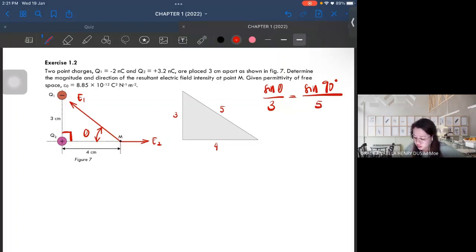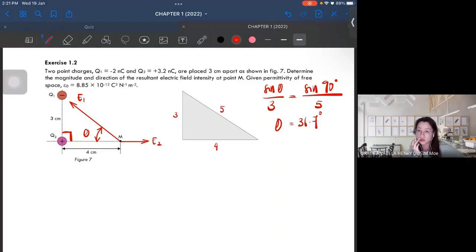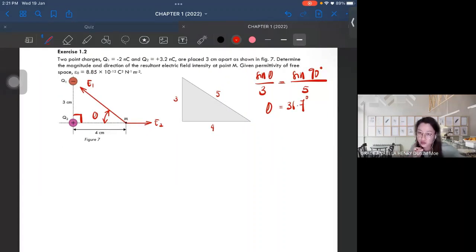Okay, so the angle is equal to 36.7 degree. Miss, if we use tangent, can we? 3 over 4. Okay, Miss. Yeah, you can either use sine rule or that. Okay, after that then we can start to solve the question.